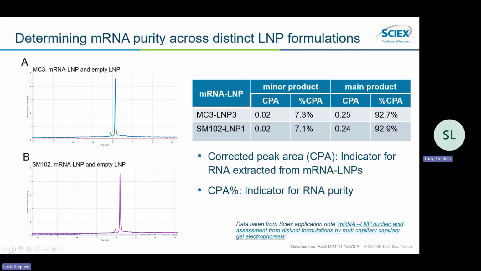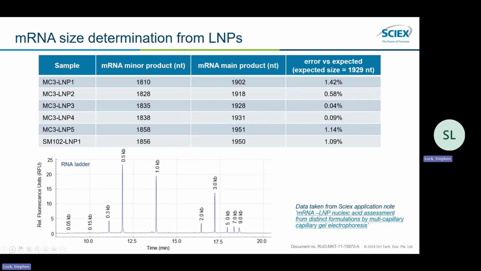These codes, by the way, are related to the ionizable lipid used to build the LNPs. You can see we get highly reproducible results in both, which allows us to calculate the impurities present in the samples, which are the minor peak migrating before the main peak, which, if you look at the MC3, is around about 16 minutes.